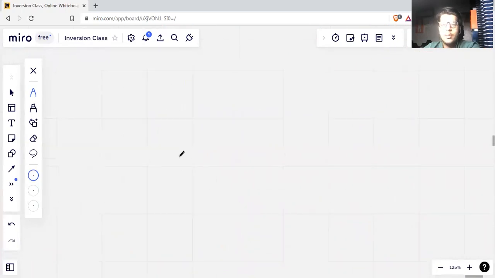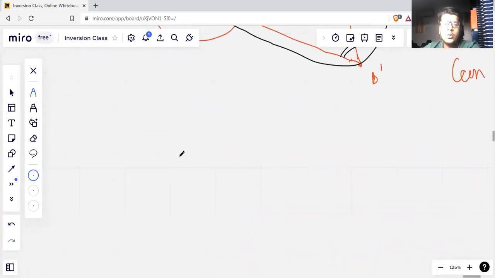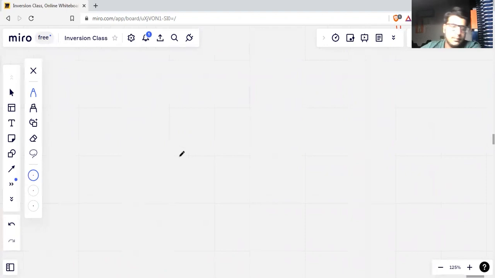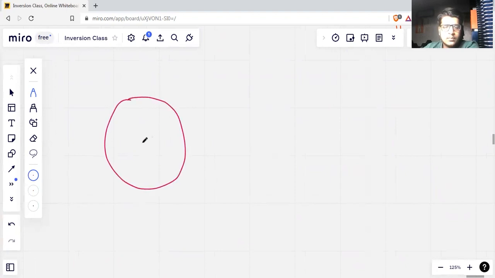The last thing we talk about in this is, how do circles work under inversion? So suppose this is my circle of inversion. Let's call this gamma. I consider a circle which passes through the center of gamma.